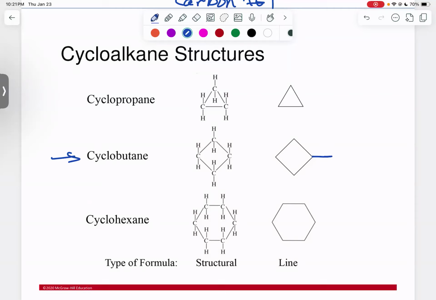Well, I have to number my parent chain so that my substituent gets the lowest number possible. So this carbon has to be carbon number 1. It doesn't matter if you go clockwise or counterclockwise. You would get the same name, same molecule.